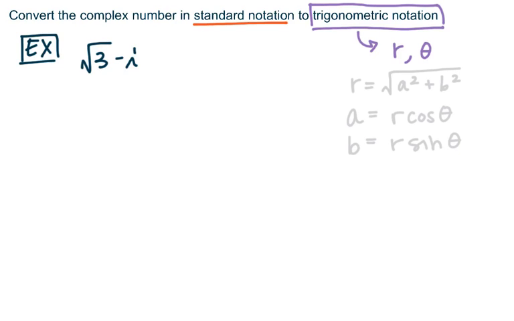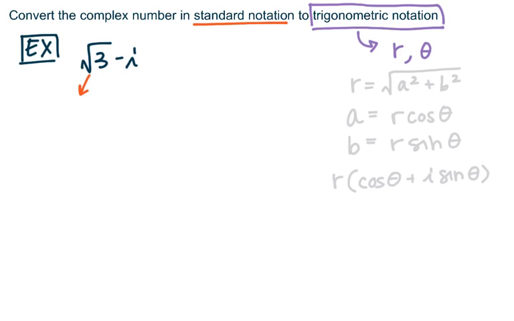We also defined the fact that our notation in trig form is going to be r times the quantity cosine theta plus i sine theta. All right, so let's get to work converting.